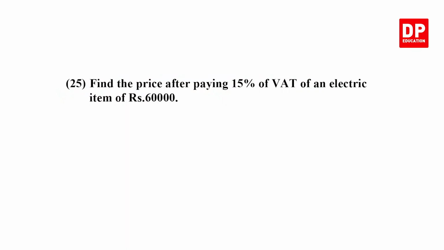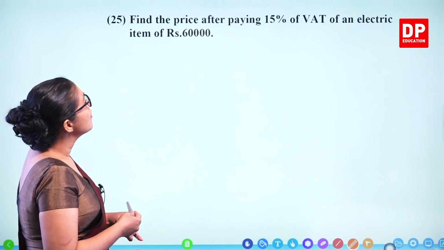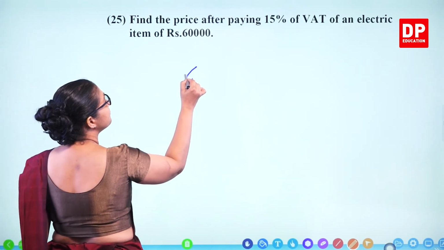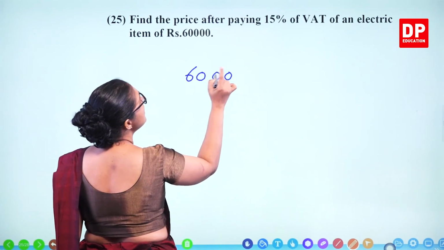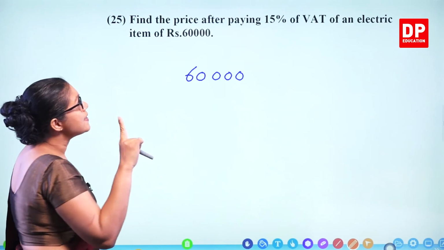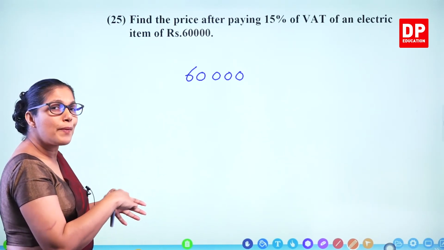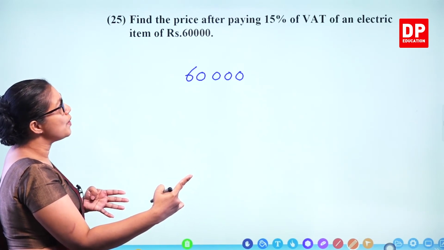Question number 25. Find the price after paying 15% VAT on an electric item of 60,000 rupees. So how do you do it at once? This is the price of the electric item, 60,000. 15% is added for VAT. If you buy for 100, you have to pay 115 with the VAT.